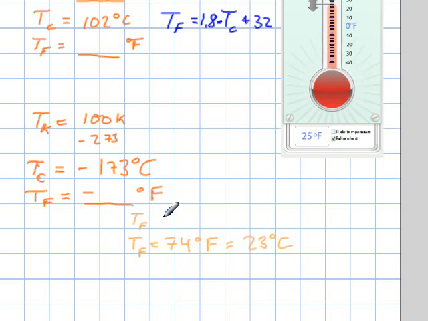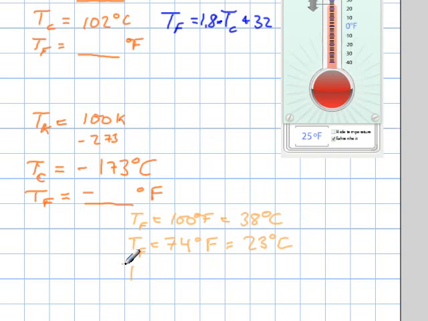So let's say 100 degrees Fahrenheit. And I subtract 32, which is 68, and then divide by 1.8, and that is a rounded 38 degrees Celsius.